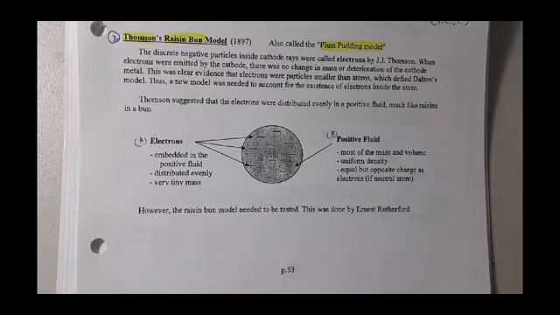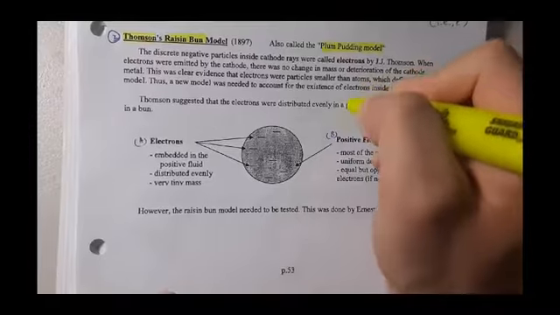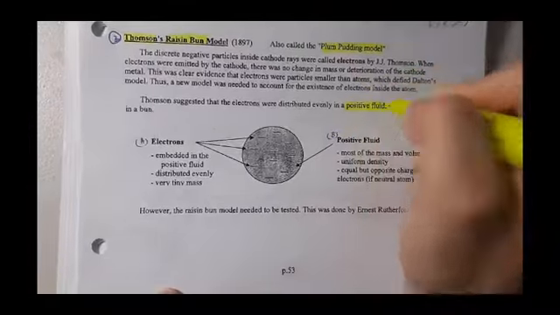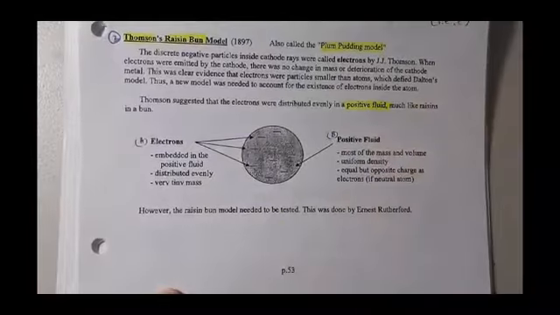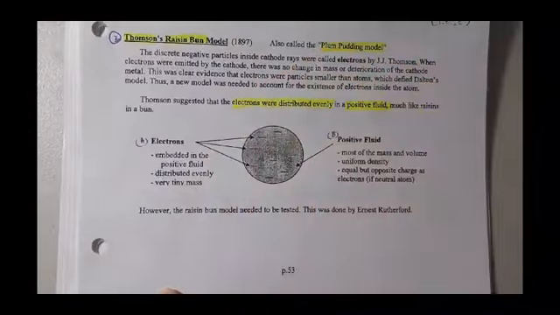But in fact, Thomson discovered that there's a matter smaller than the atom that has a polarity. So he suggests that the atom has a positive main fluid and electrons are evenly distributed.